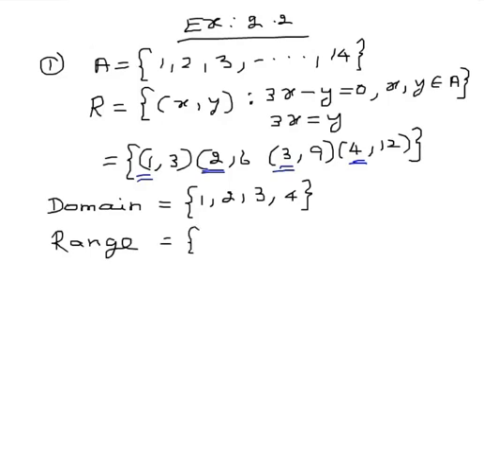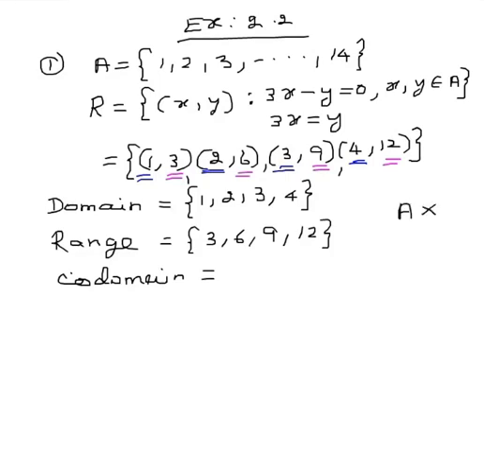Range is the set of all second elements, 3, 6, 9 and 12. We have to write the codomain. Codomain is the second set itself. The relation is defined from A to A. So the second set is A. Codomain is A.